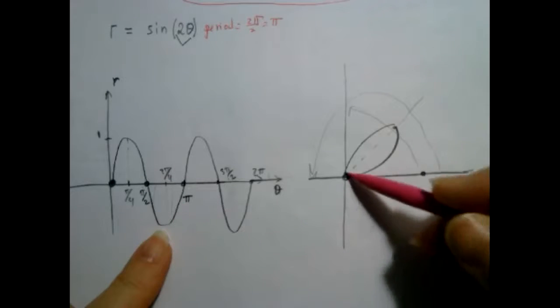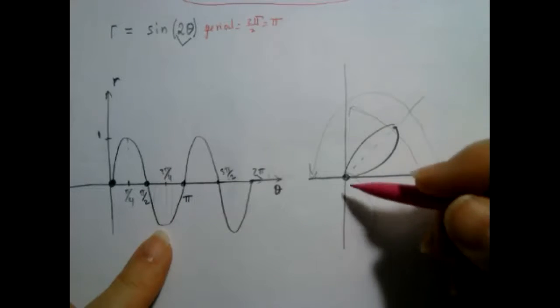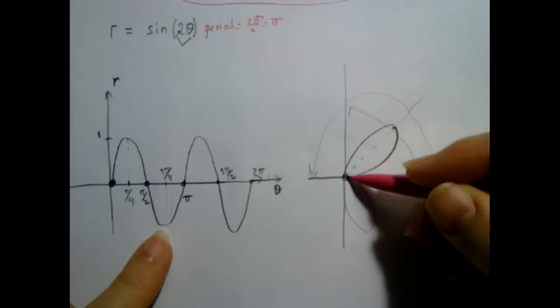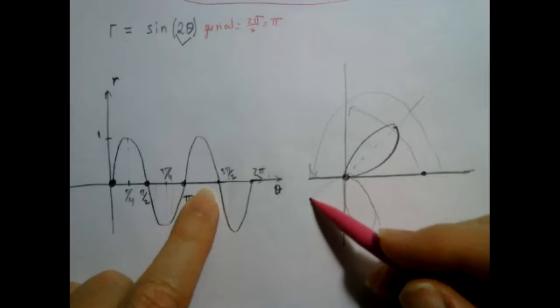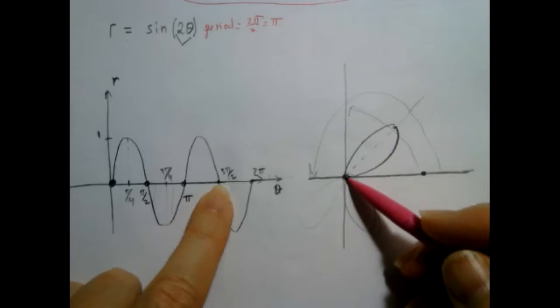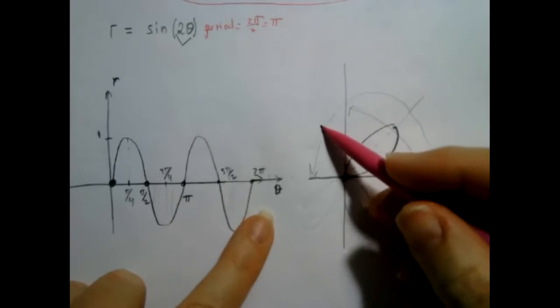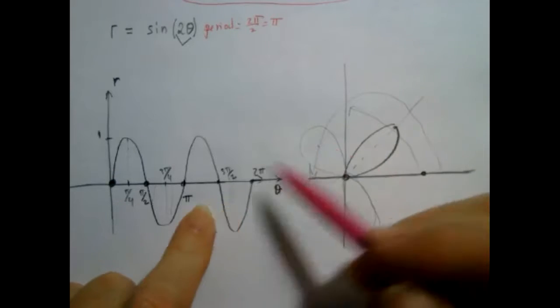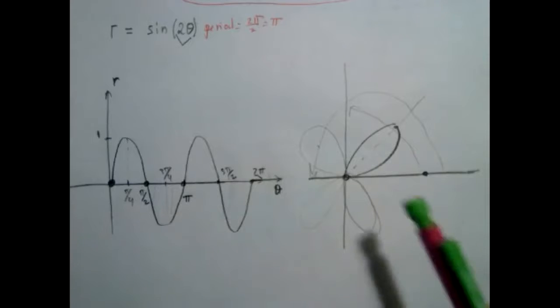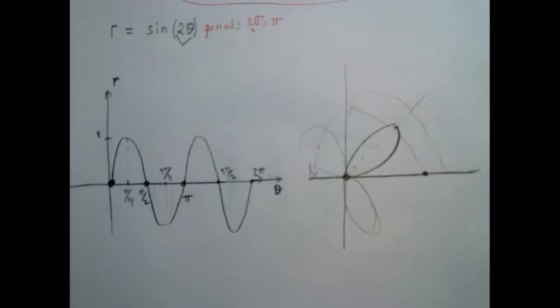My graph is going to be in the fourth quadrant, and it's going to be something like that. Between pi and 3 pi over 2, it's going to be in its own quadrant. Between 3 pi over 2 and 2 pi, it's going to be not in the fourth but in the one opposite to it, because my r is negative. And we're going to have this four-leaf rose.